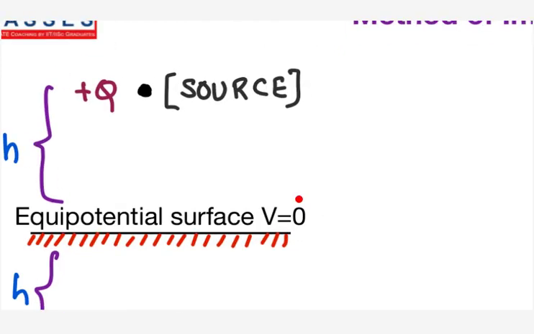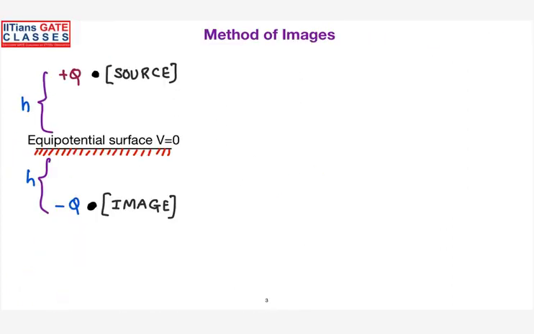Now I have placed one test charge of magnitude q coulombs at a height of h. The basic question here is, if we have only one source existing, using the concept we have studied, the potential due to a point charge is equal to Q by 4 pi epsilon into R, and R in this case is h.